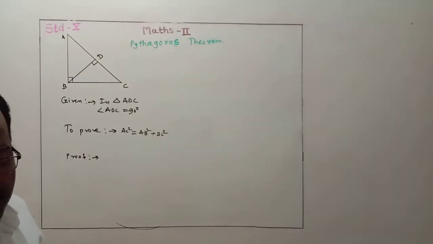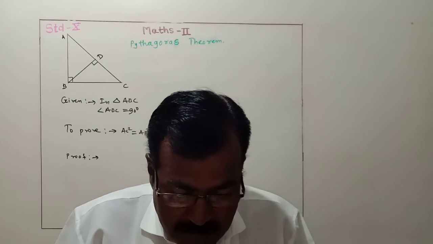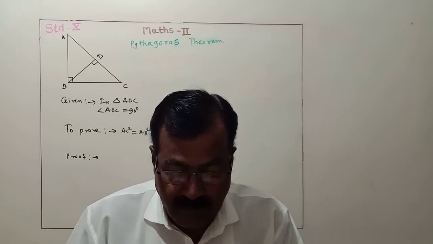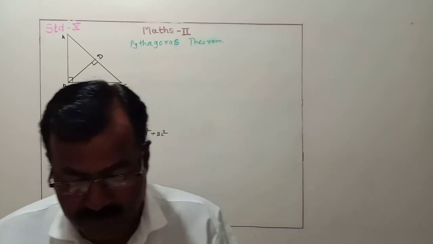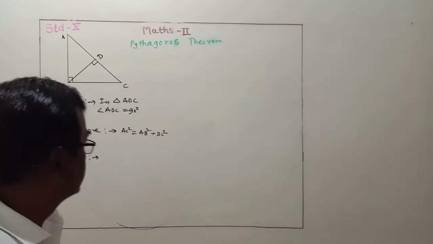For this proof, we start in a right angle triangle ABC. Segment BD is perpendicular to hypotenuse AC.